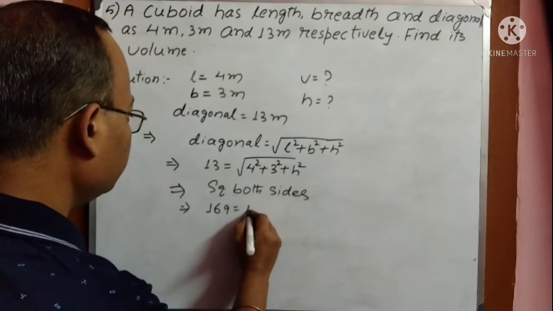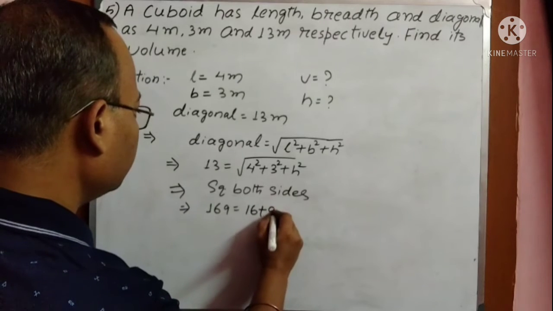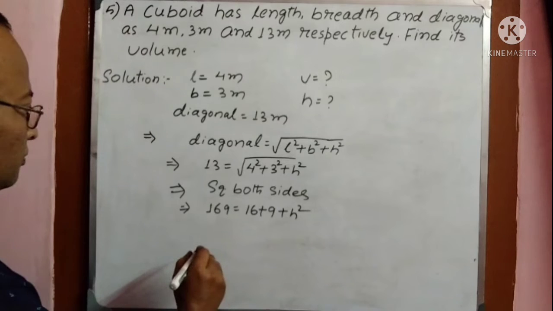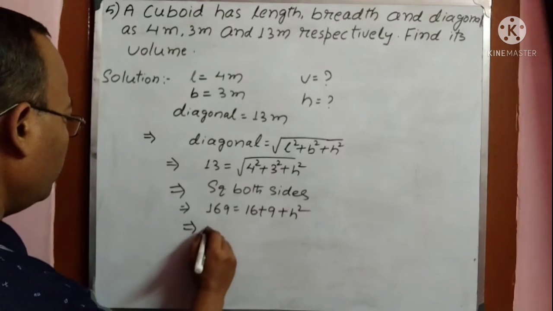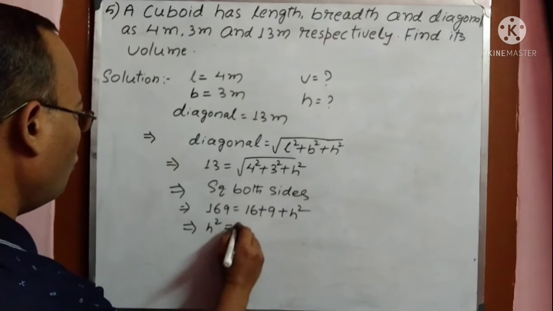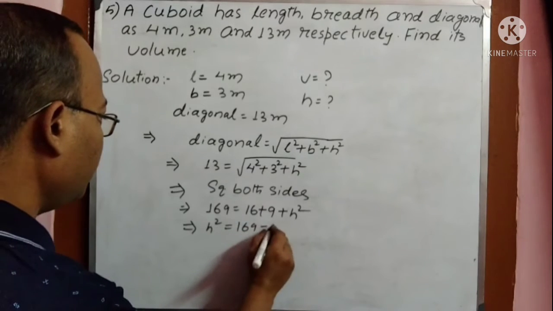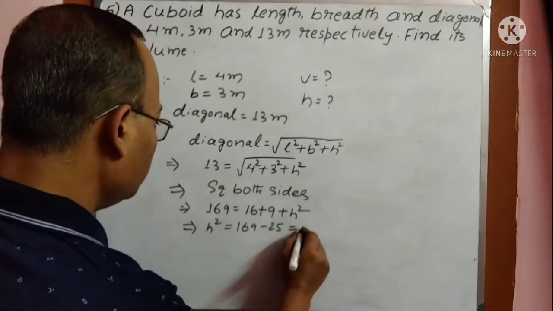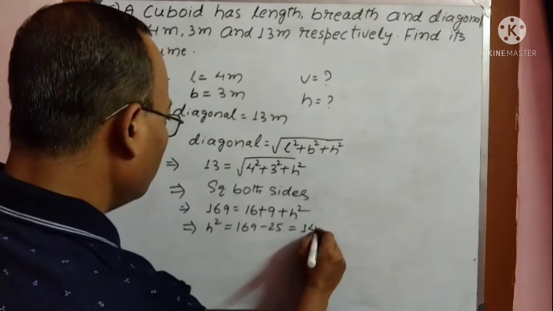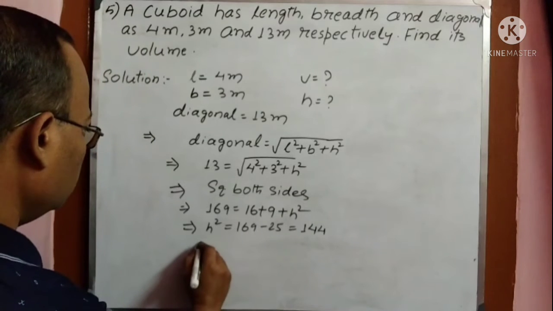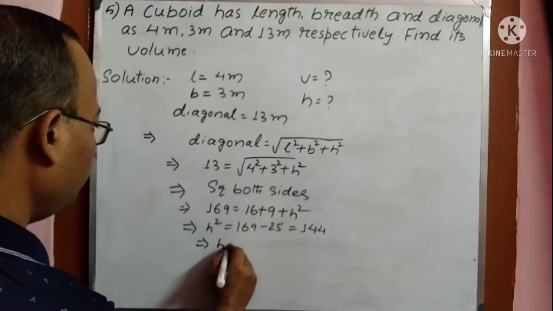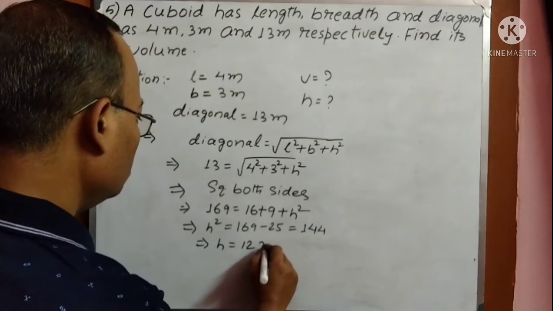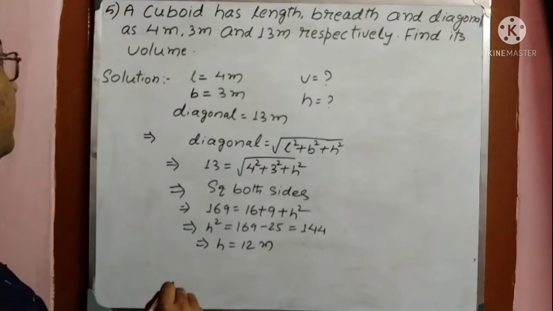So 4 square is 16 plus 9 plus H square. So your H square will be 169 minus 25, which is equal to 144. So H will be square root of 144, that means 12. So height is 12 meter.